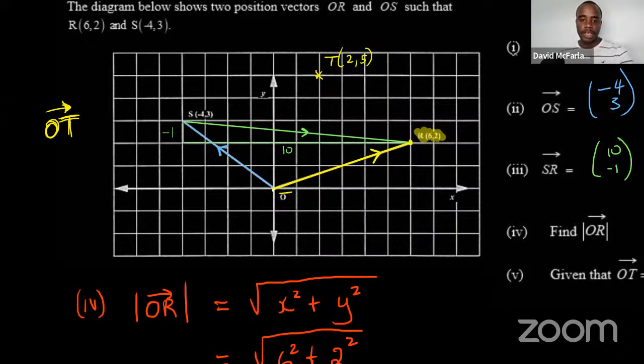So literally my vector would look like this. Let me draw it with a line. And if it's OT, it means it goes from O to some point T, which must be right there. So that's why I said that the point T is 2,5. You see what I'm saying? Good. Now, Kalia?